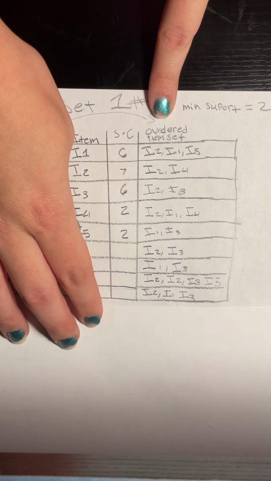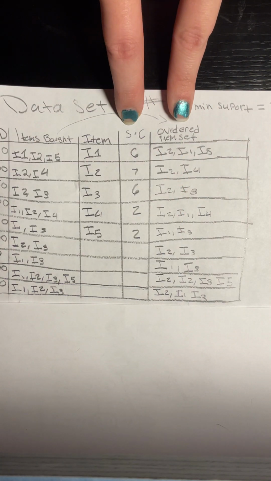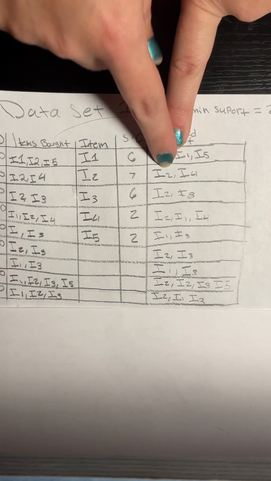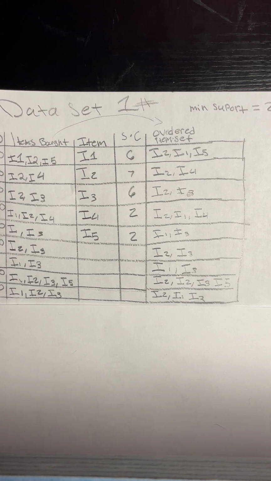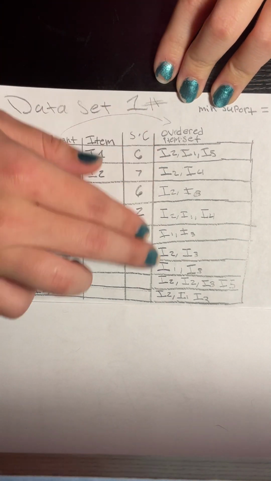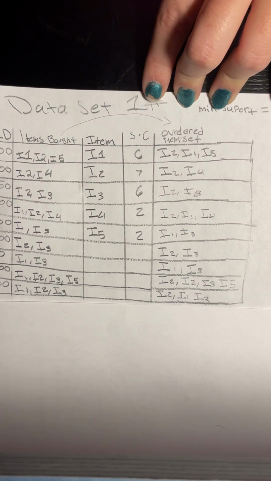So this list right here is going to be the ordered set in order of their numbers for their support. So going on to the second one, we have I2 as first again. On all of these, I2 is going to be first because I2 is the highest. And then I4 is next with that too. But that is listed all the way down, and it's in order of their numeral numbers.